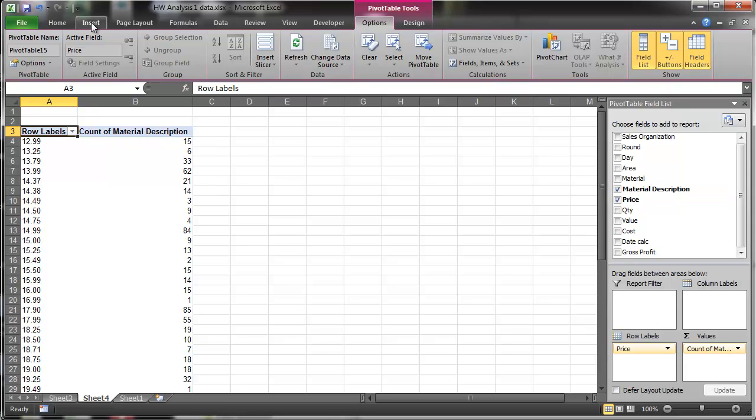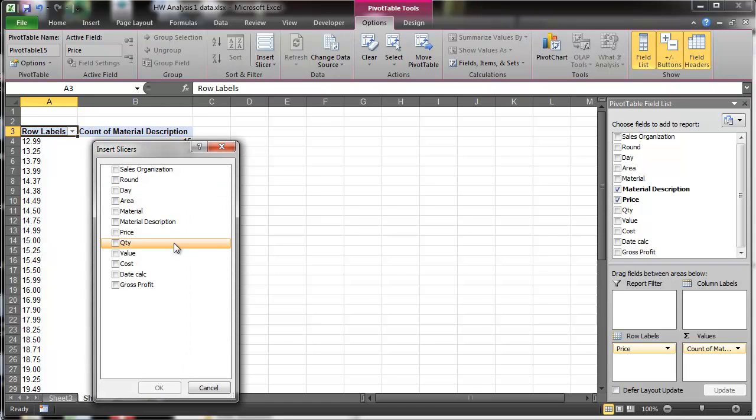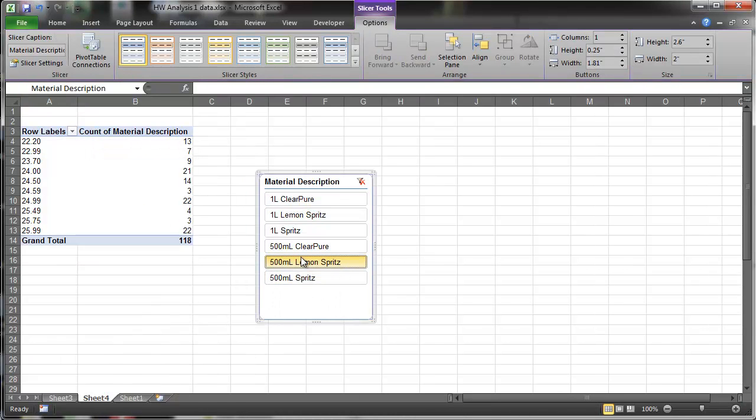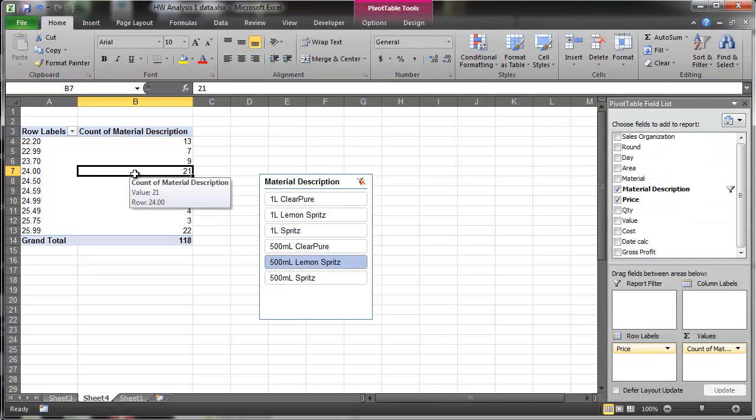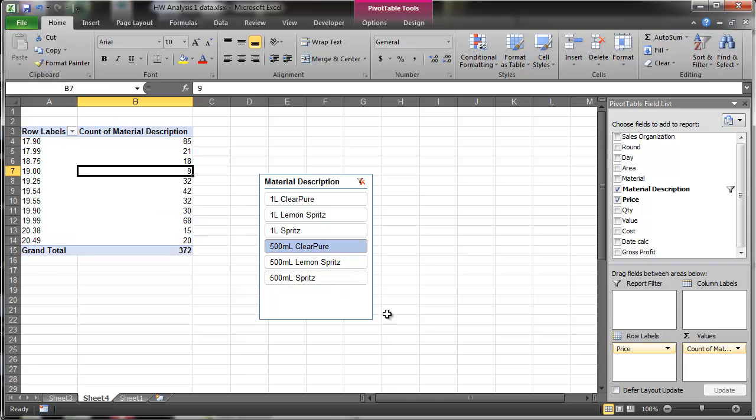Now, what you want to do is insert a slicer, because I just want to look at the half liter clear, pure. So if I did that right, this is the, no, that's spritz. There's half liter clear, pure. So believe me, you can make mistakes, so kind of check your work. So here are the number of sales.